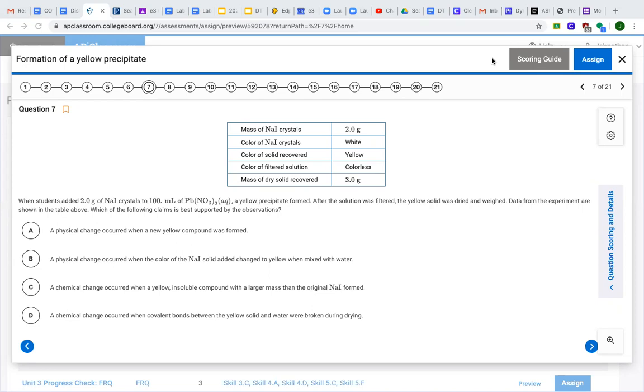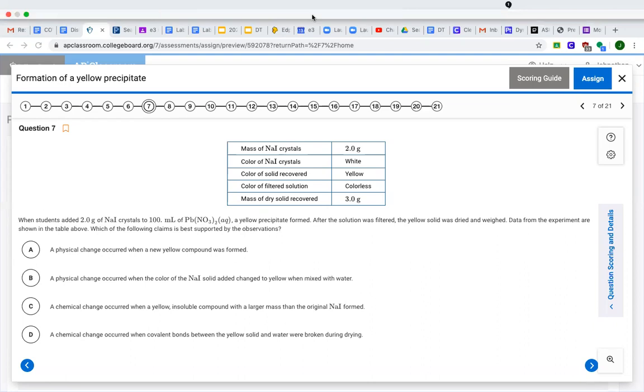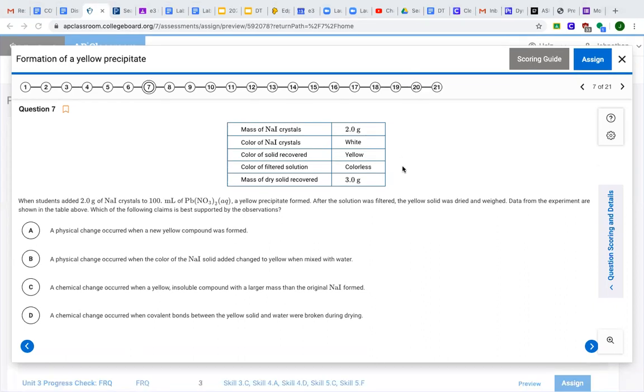Are there covalent bonds here? No. Why not? How do you know that there are not covalent bonds? Is it because it's not soluble or something like that? So what do we have here in sodium iodide? Water is held together by covalent bonds, the water molecules themselves, but I'm focusing on this compound.